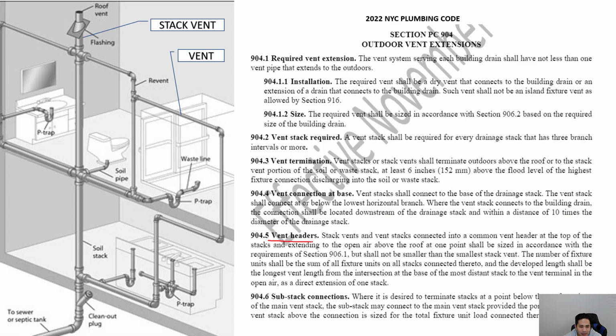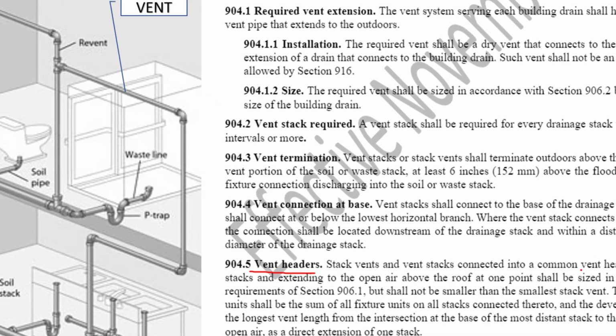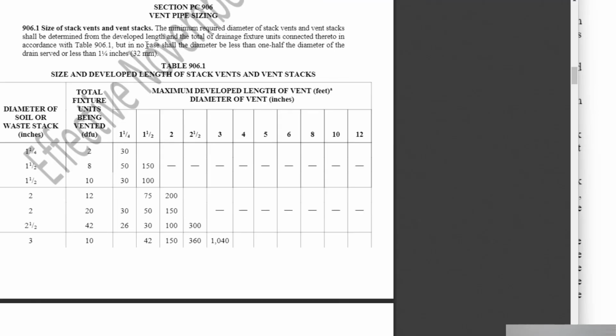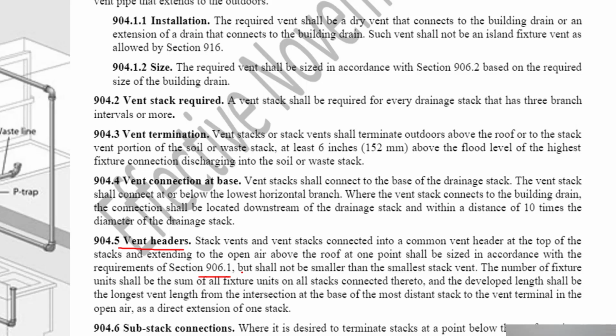Next, vent headers. Stack vents and vent stacks connected into a common vent header at the top of the stack and extending to the open air above the roof at one point shall be sized in accordance with the requirements of 906.1. And 906.1 is here, but shall not be smaller than the smallest stack vent.